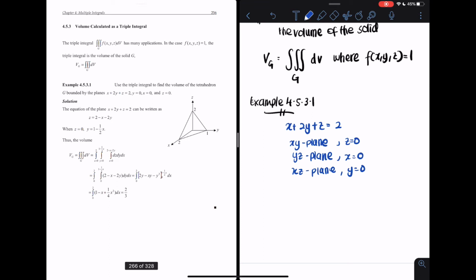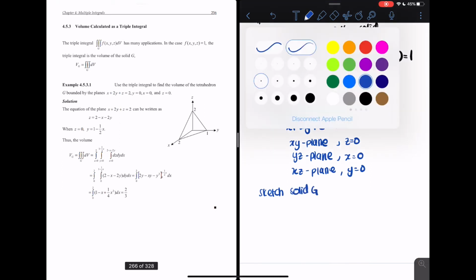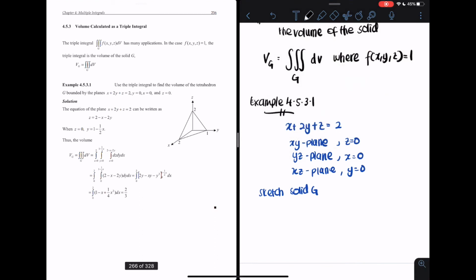Right now you have to sketch solid G first, based on the description given by the author in the question. So I will have Z, Y, and X. Then I will have x plus 2y plus z is equal to 2.